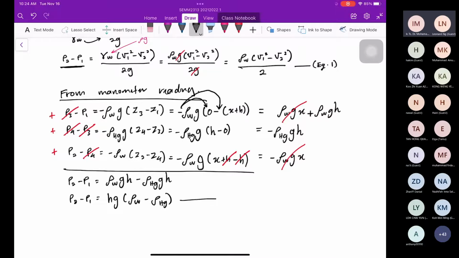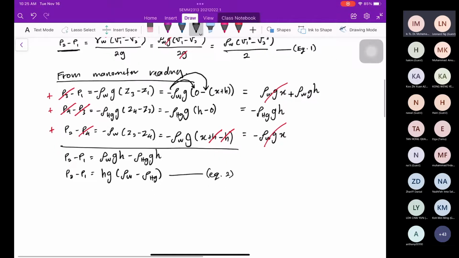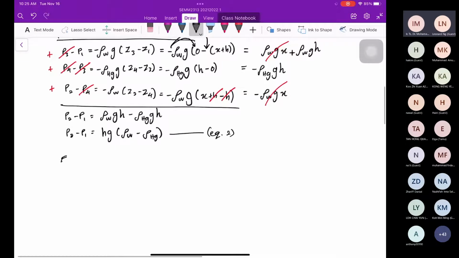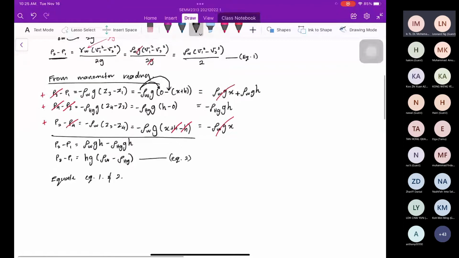Okay, now we have equation 2. So equate equation 1 and equation 2 together. Equation 1 is this one.